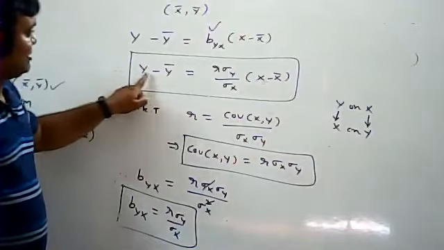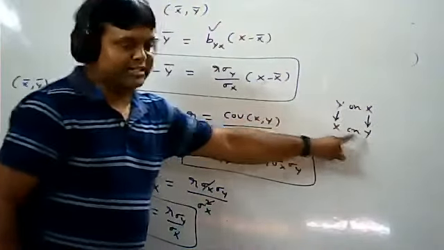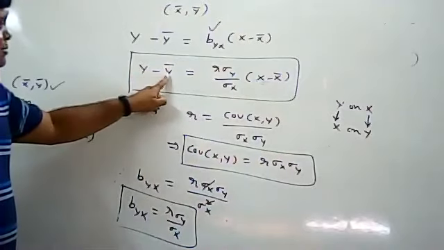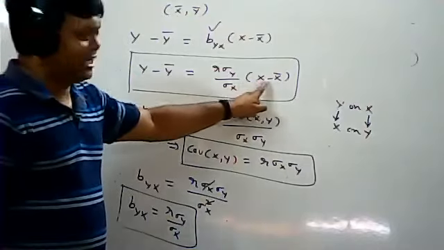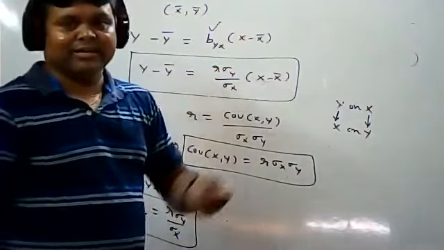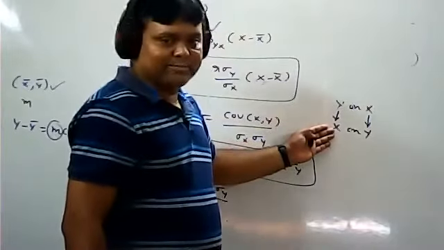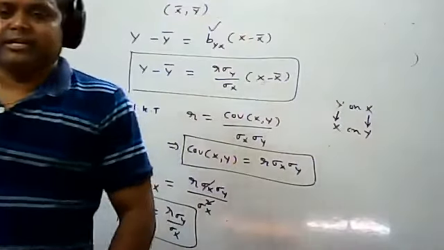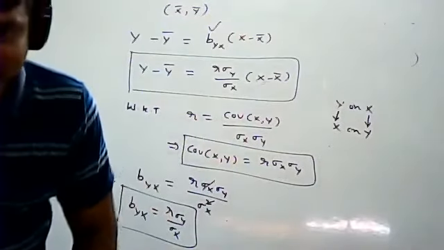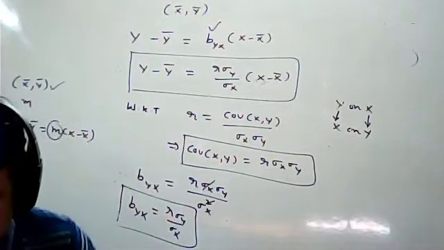The regression line of x on y is x minus x bar equal to r into sigma x by sigma y into y minus y bar. The proof is the same as it is; the only difference is substituting x for y and y for x. Automatically you can derive the regression line of x on y. I hope it is clear.